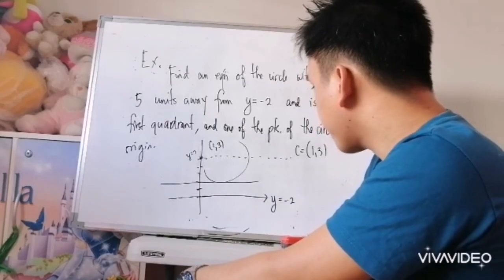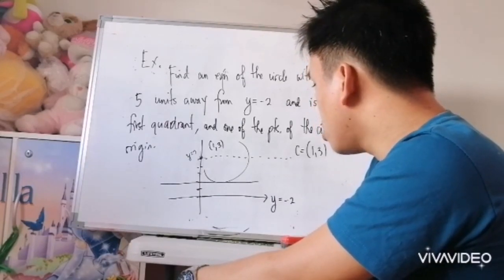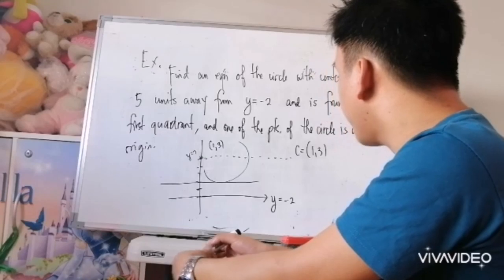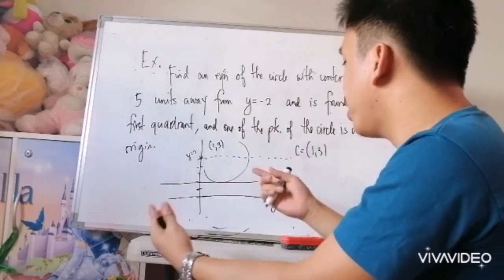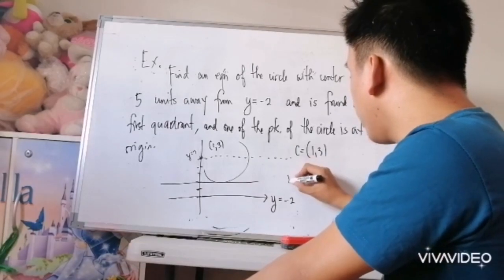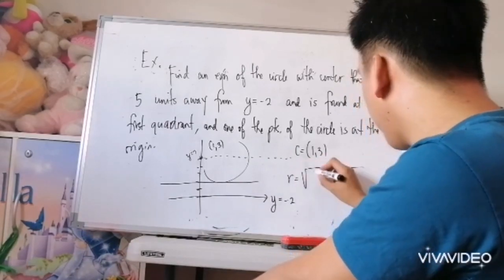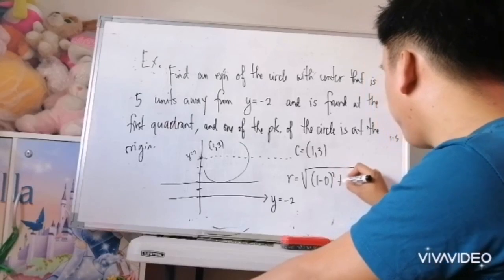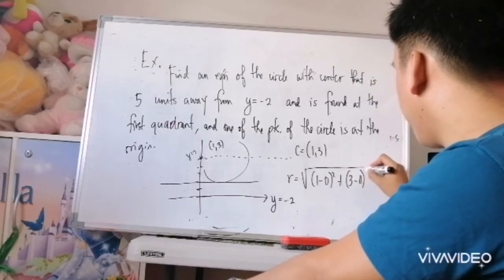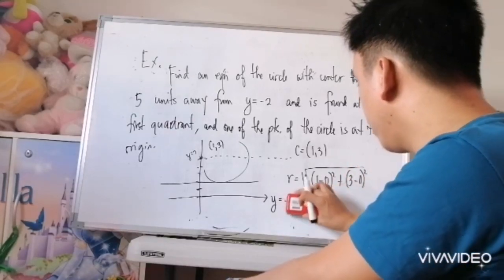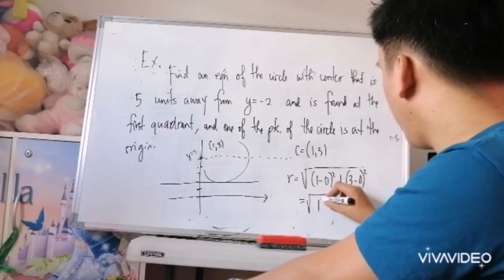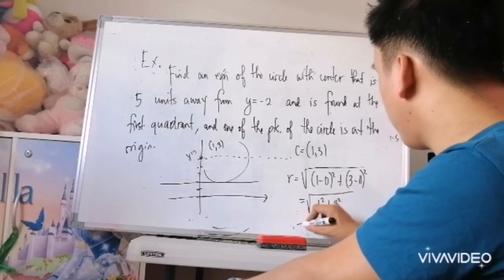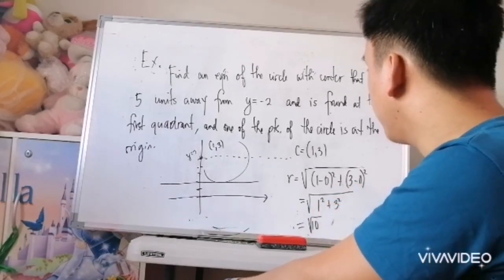And one of the points is actually at (0, 0), or the origin. So to get r, I'll have the square root of (1 - 0) squared plus (3 - 0) squared. So I'll have 1 squared plus 3 squared, so I have the square root of 10.